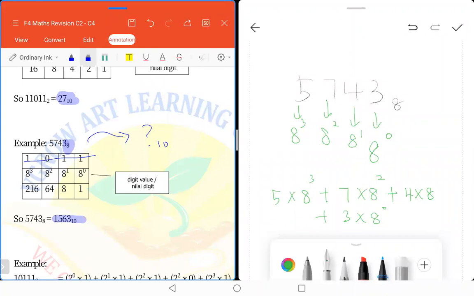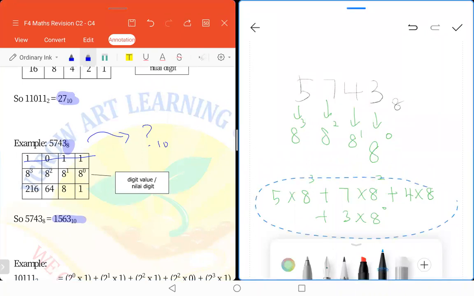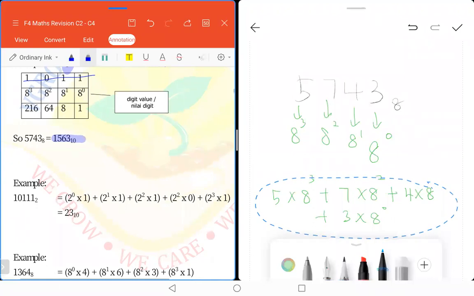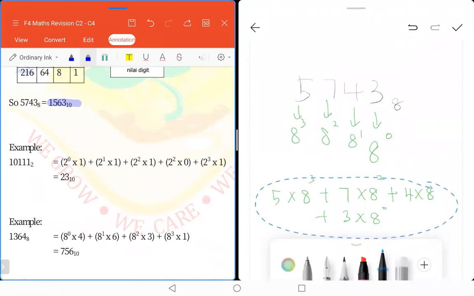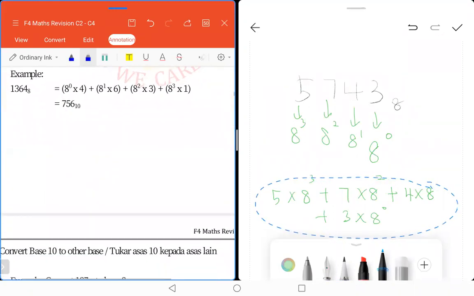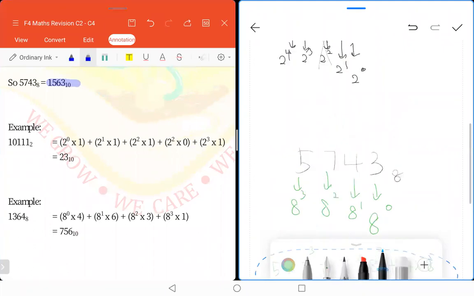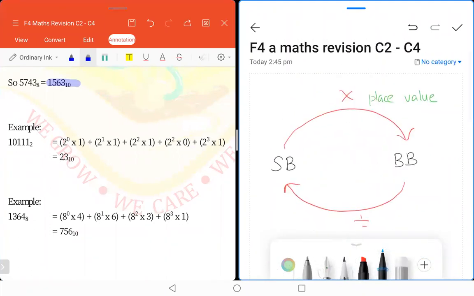Okay, so this is your working. If it comes out in paper 2, if it's not objective, then you have to write down the working steps like this. These are the other 2 examples. So clear? For the first part, smaller base to bigger base, you need to multiply.